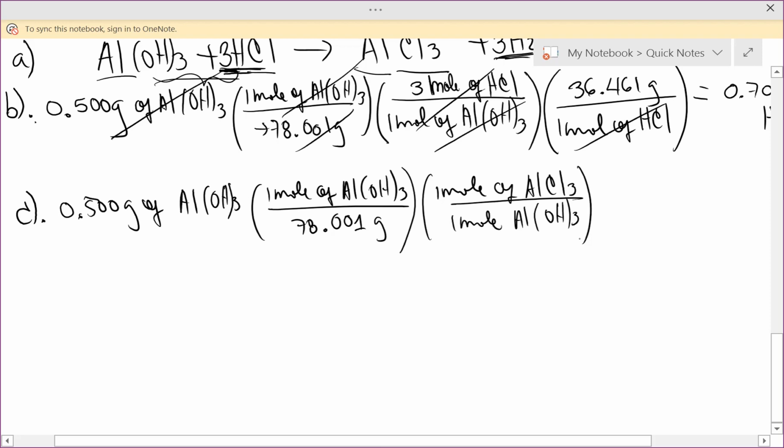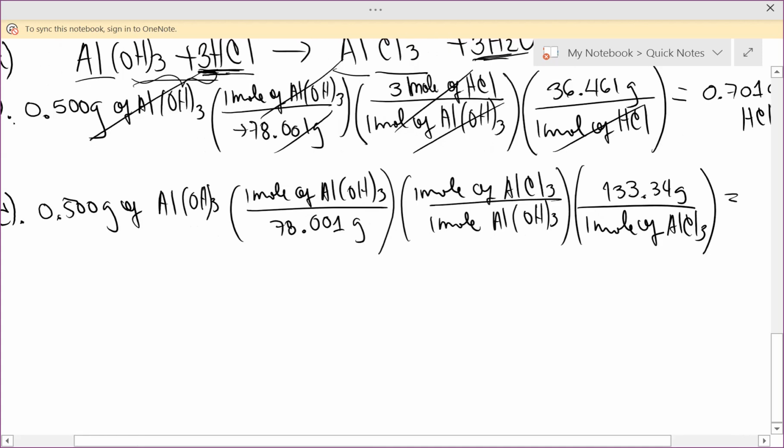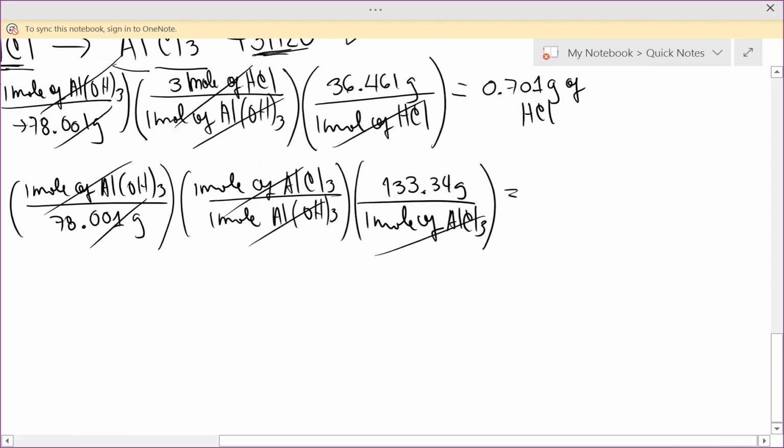Al(OH)3 and 1 mole of AlCl3 is equal to 133, around 134 grams. So we cancel all these units out. Grams times grams, moles times mole, mole times mole here, and we get that we have 0.855 grams of AlCl3.